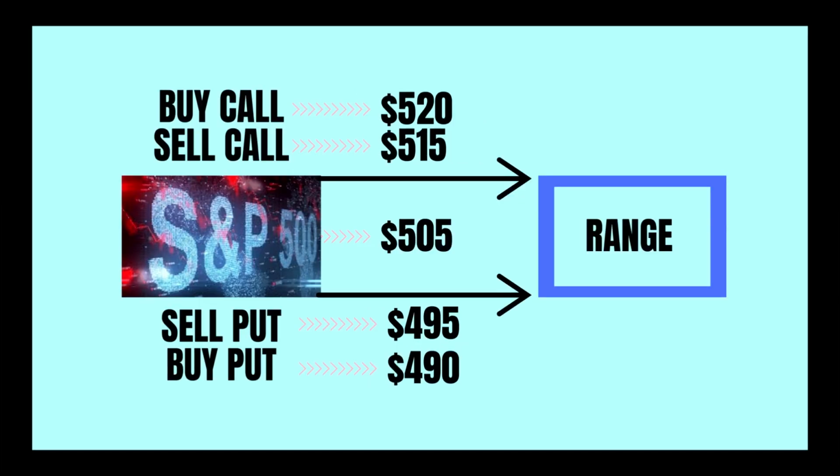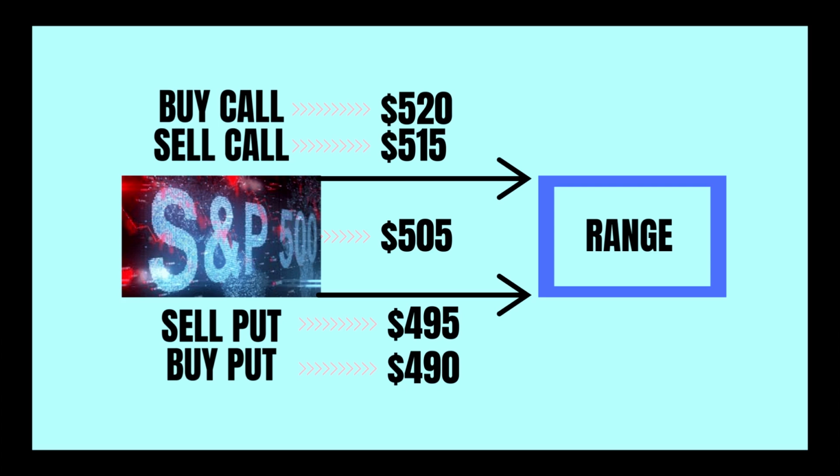For example, SPY is trading at $505. The ETF has been trading between $500 and $510 for a few days now, and you want to trade an Iron Condor on it. You may sell a put option at the $495 strike price and a call option at the $515 strike price.